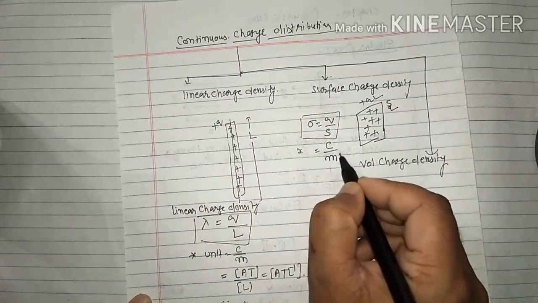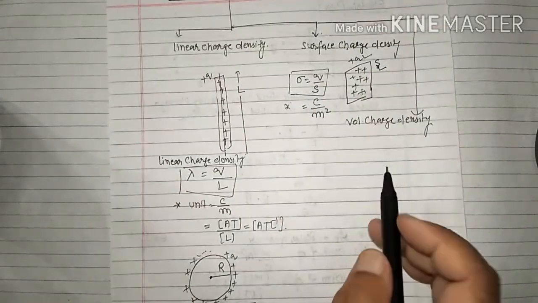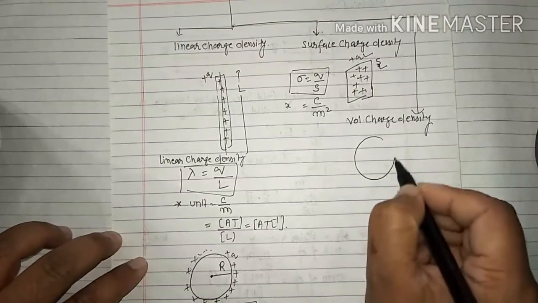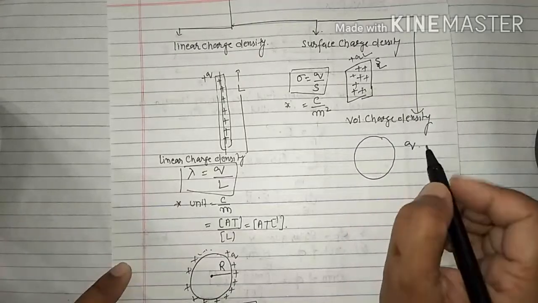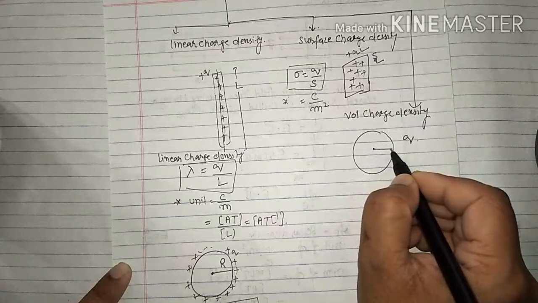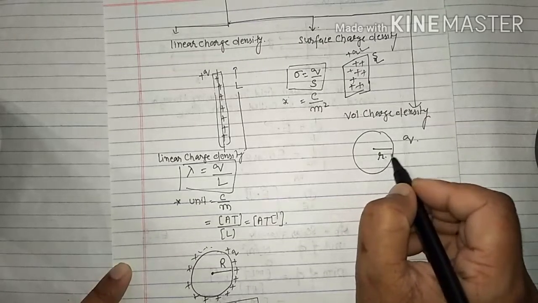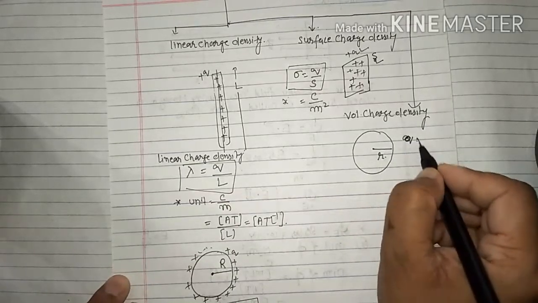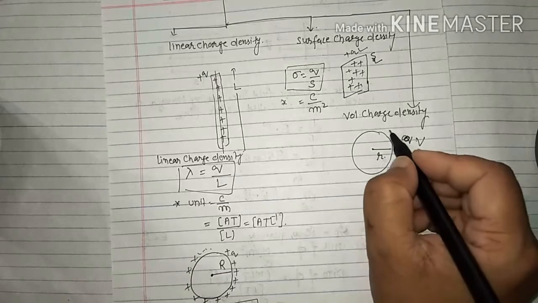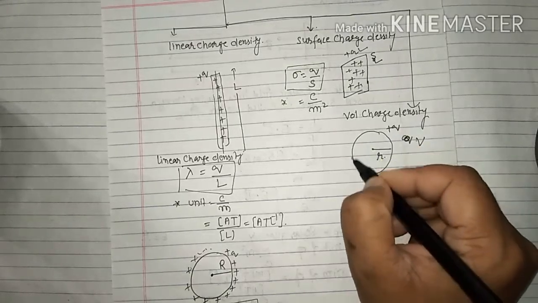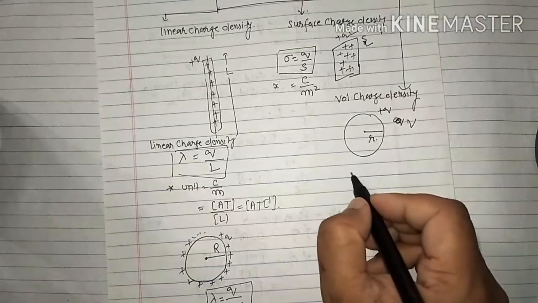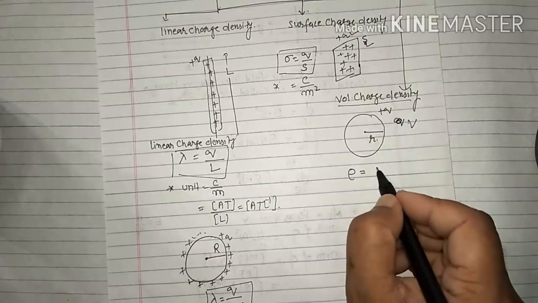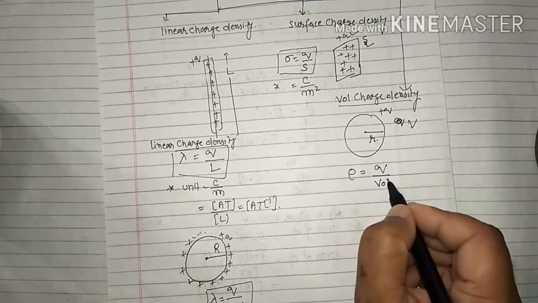and area meter square. Now come to the next one, volume charge density. So let's consider a sphere of volume V and the radius of that sphere is r. A charge plus Q is distributed over this sphere. Then volume charge density, which is represented by rho, is given by total charge per unit volume.